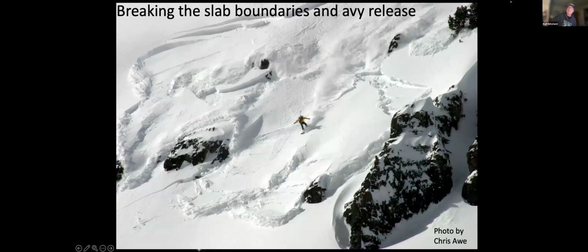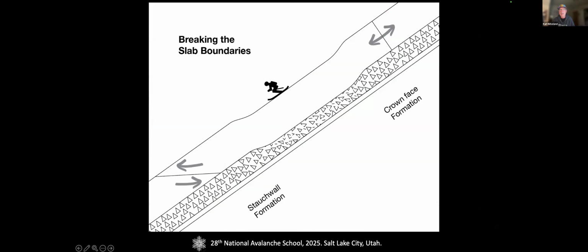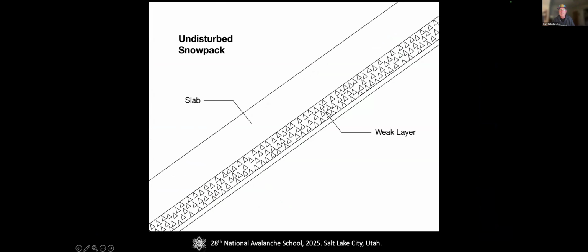So good stuff. Well, with that slab moving downhill, there's plenty of available energy to crack the rest of the slab boundaries, the crown, the flanks, and the stauchwall, and then the avalanche releases. So our fourth stage is breaking the slab boundaries. And then our fifth stage is avalanche release as long as the slope is steep enough to slide.